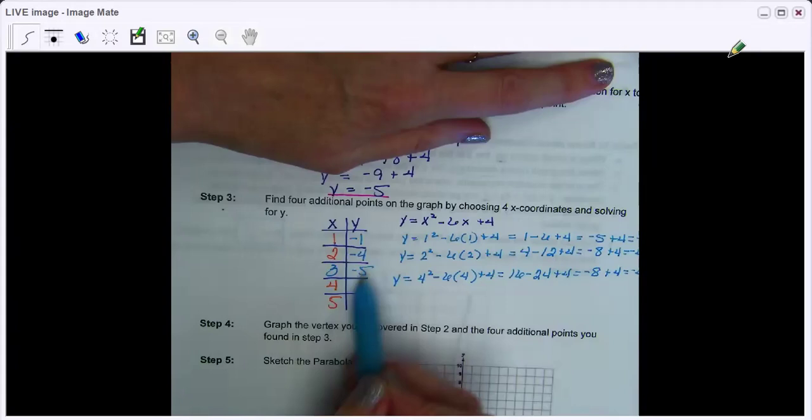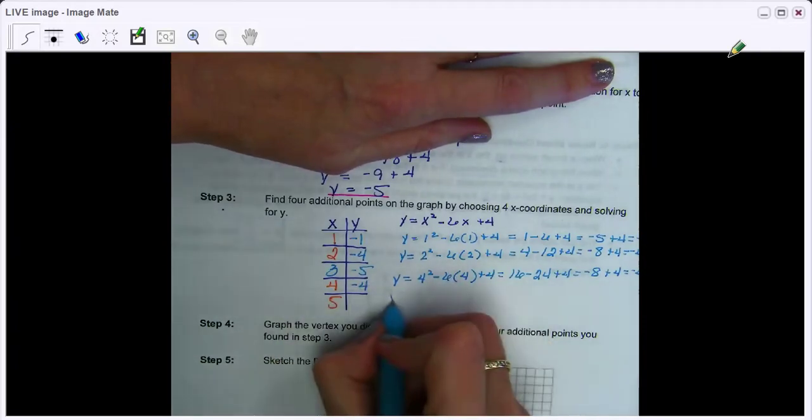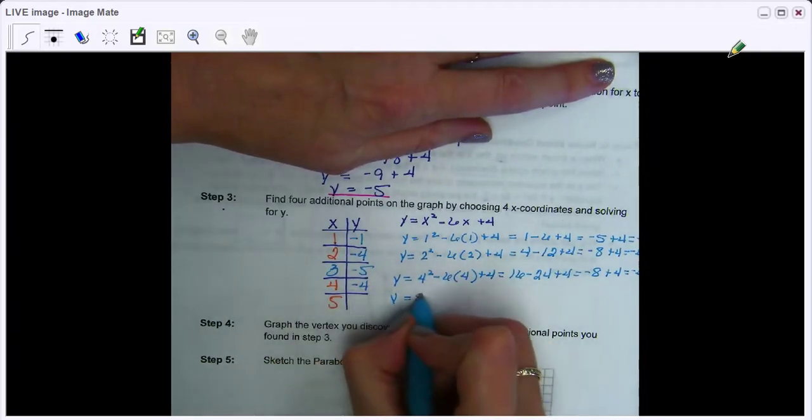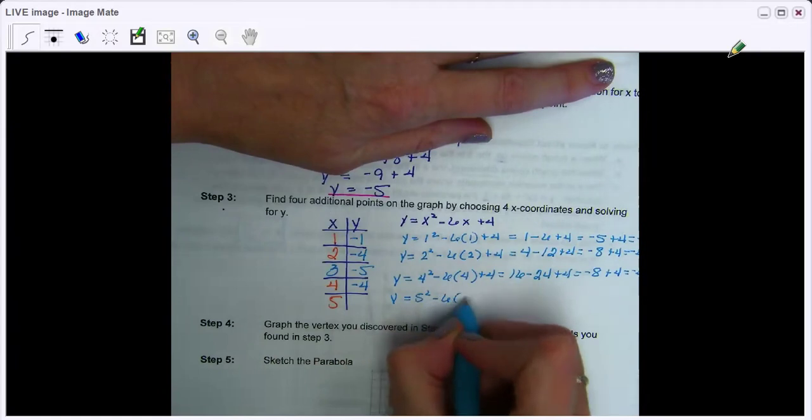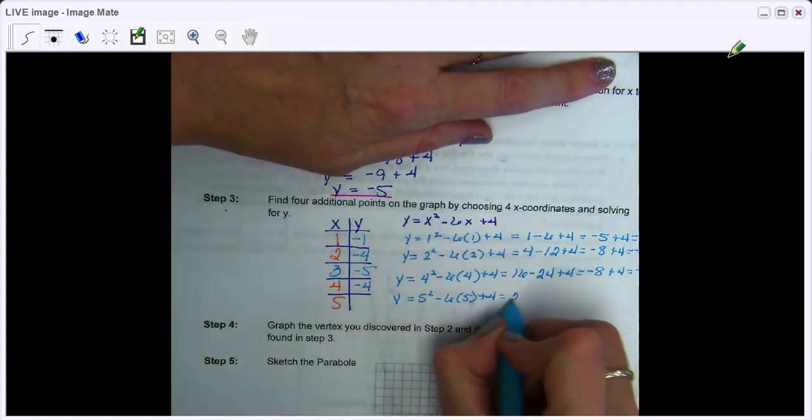Now, once you get here and you continue to solve, you should be repeating your numbers from above. If not, you may have done something wrong and you will want to go back and check your work.